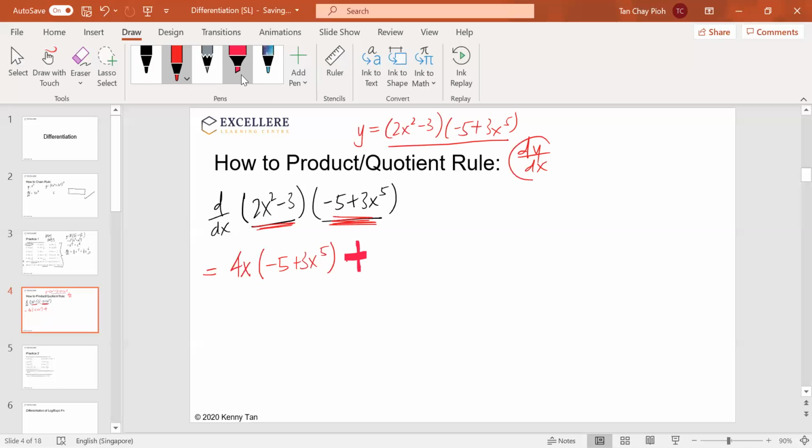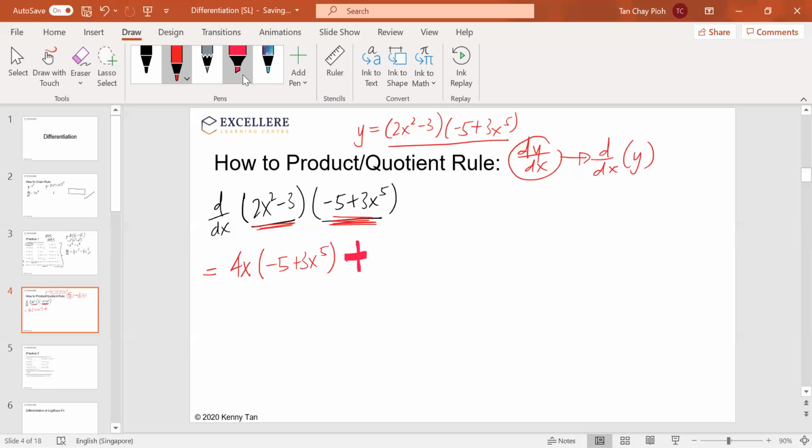Because over here I did not define what y is, that's why I put d dx of this. Trying to differentiate this means differentiate this, because dy dx means I'm trying to differentiate y. Get it? Okay, back to this.